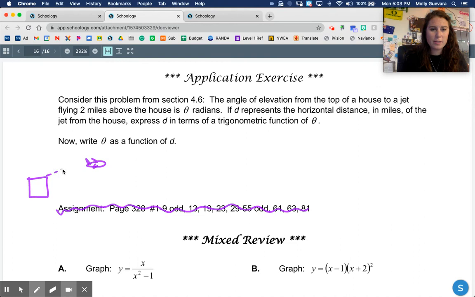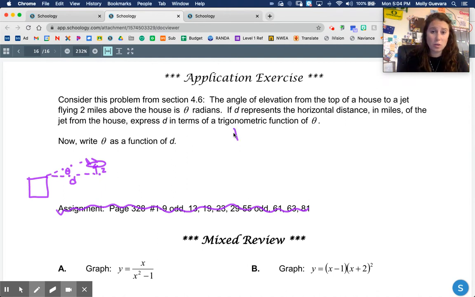And it had an angle of elevation, which was theta. This was 2, and then this was D. And it wanted us to write D as a function of theta.